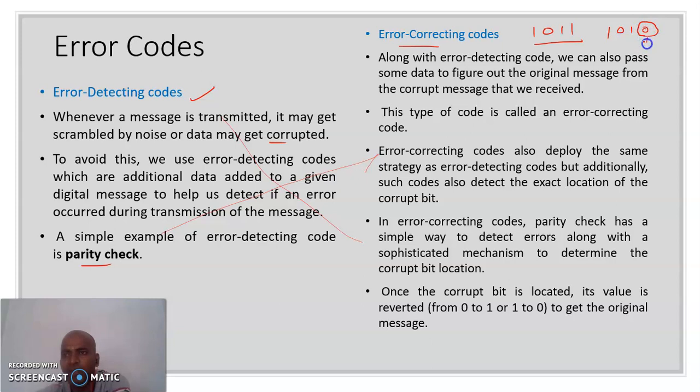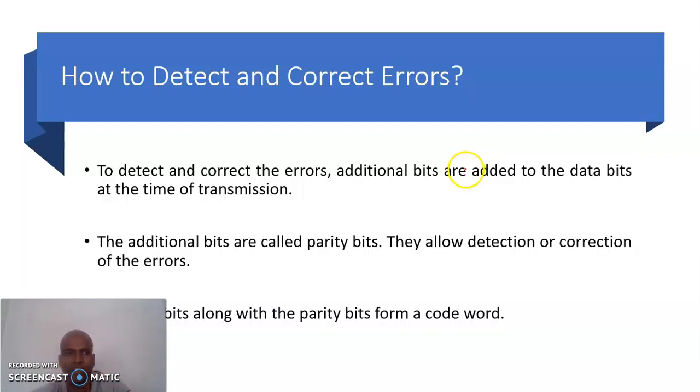So this value will be reverted, that is, 0 will be reverted to 1 and 1 will be reverted to 0. So 1011. For these correcting codes also, we are going to use parity bits. So we'll see how to detect and correct the errors in the next section.